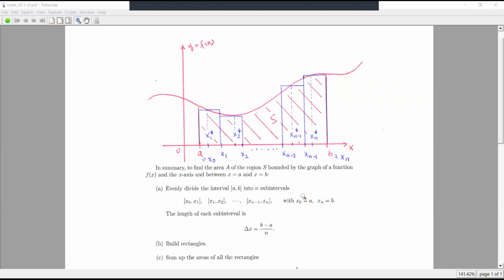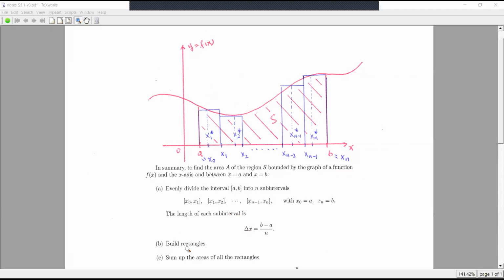According to the book, we use delta x to denote the length of each subinterval. So delta x is (b minus a) divided by n. Okay, now after we cut the interval ab into n subintervals, step 2, build rectangles.